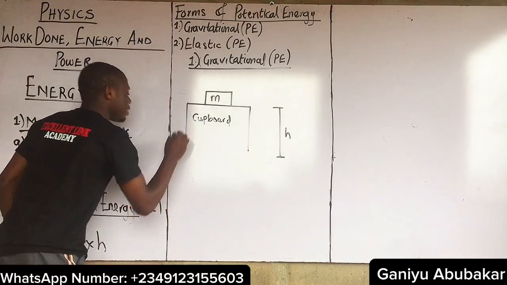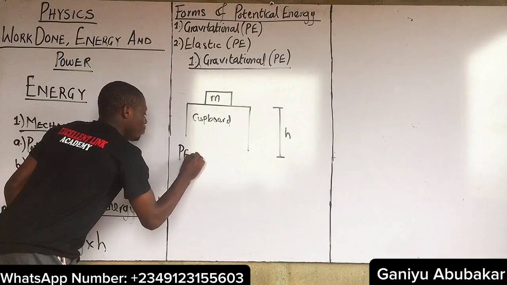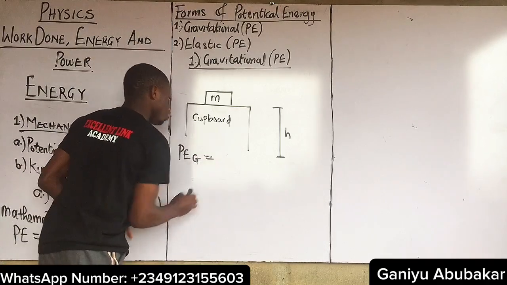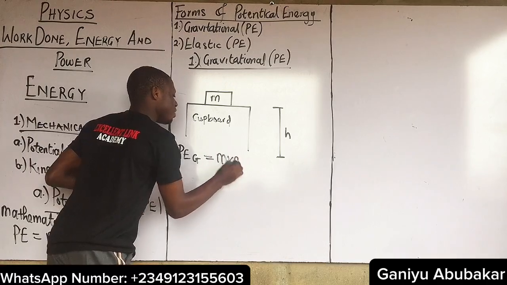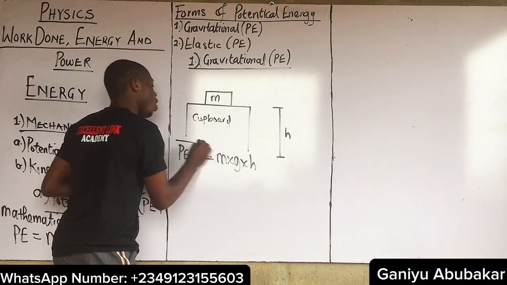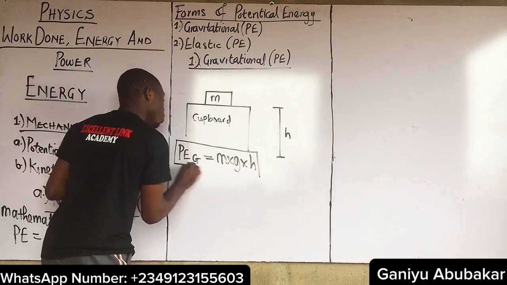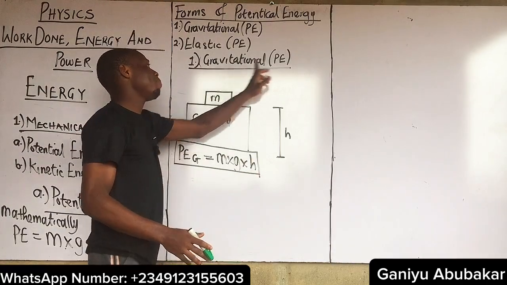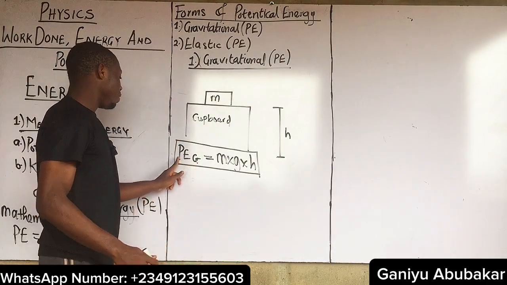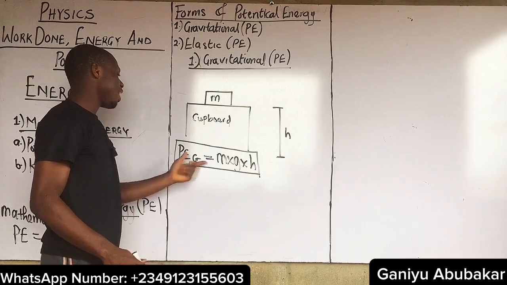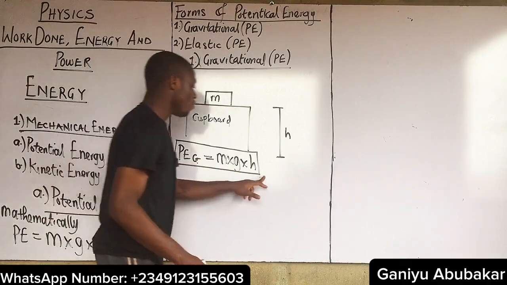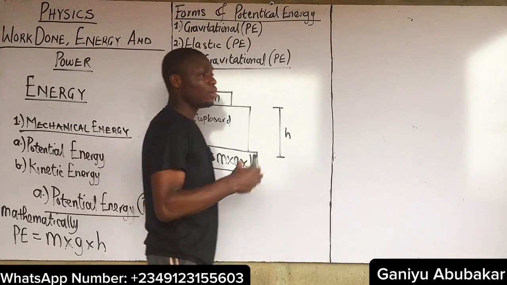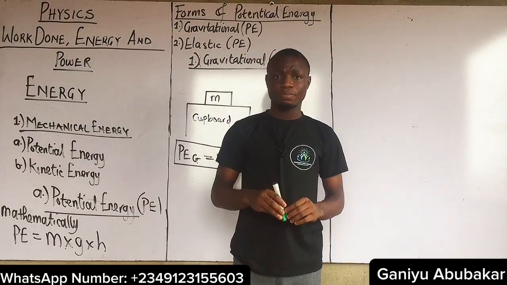So gravitational potential energy is equal to mass times gravity times height. This becomes the mathematical expression for calculating any concept under gravitational potential energy, GPE.